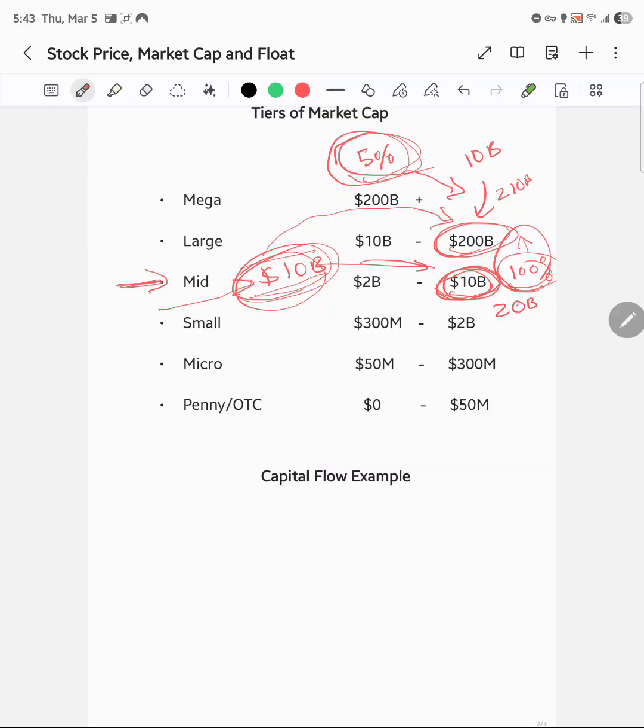So the type of tier that you are trading or investing in matters.